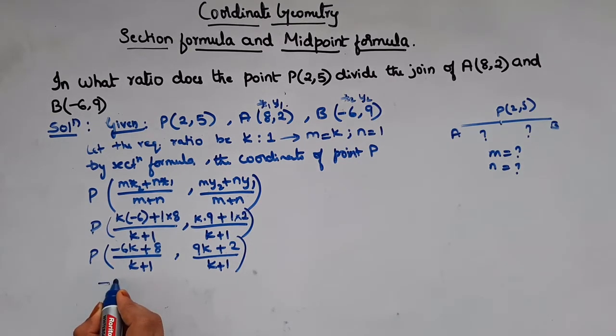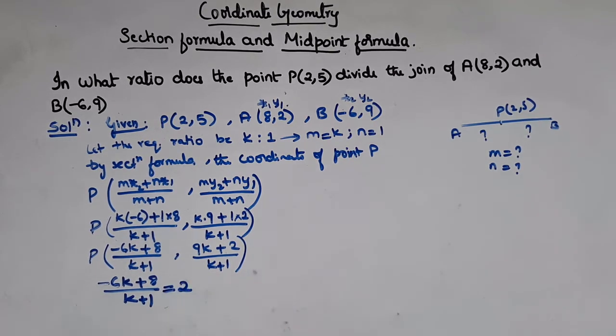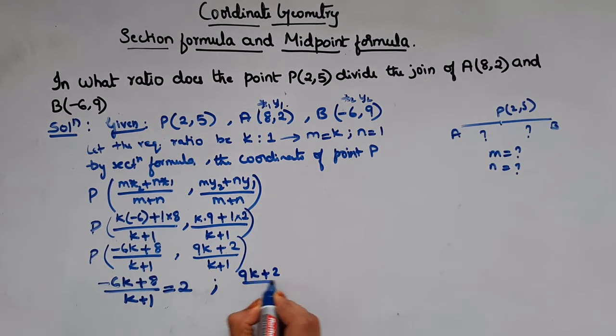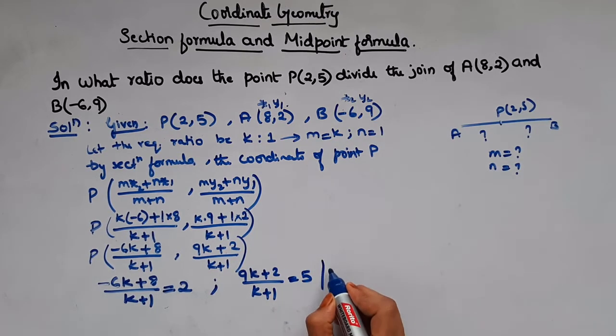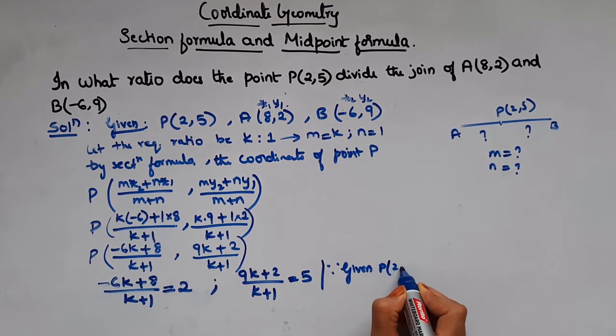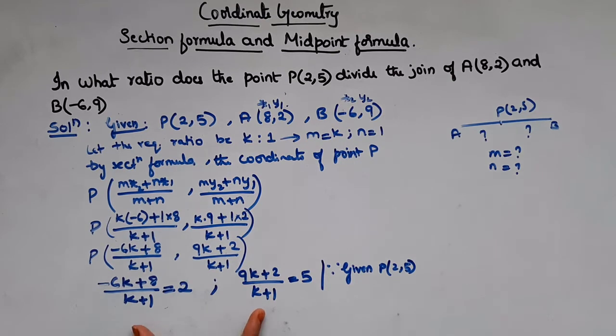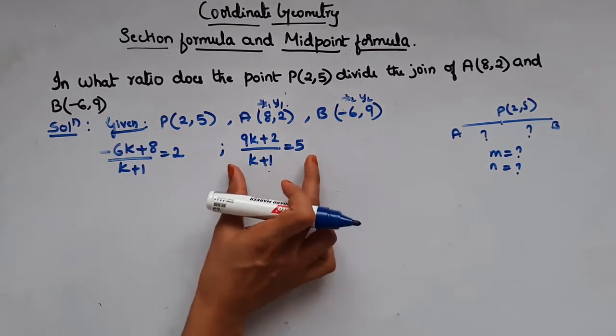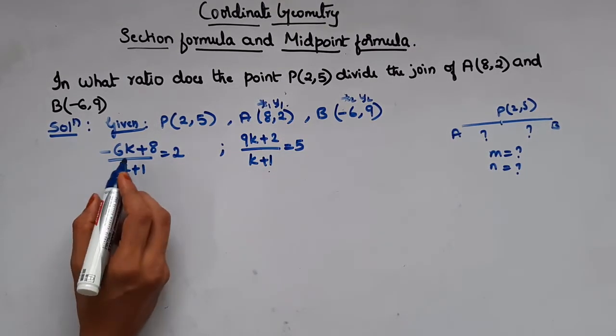We know minus 6K plus 8 by K plus 1 is equal to 2, and 9K plus 2 by K plus 1 is equal to 5, since P is given as 2, 5, right? So now let's simplify these two equations. Before that, pause this video and note this down. We have two equations. First, let's take this and find the value of K.